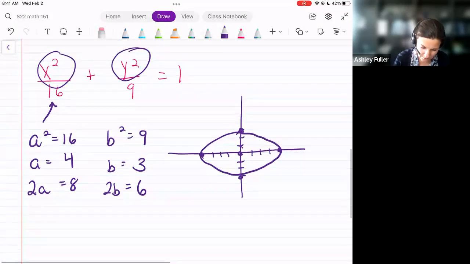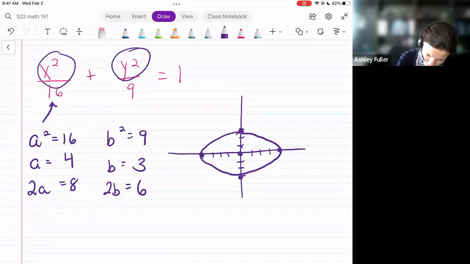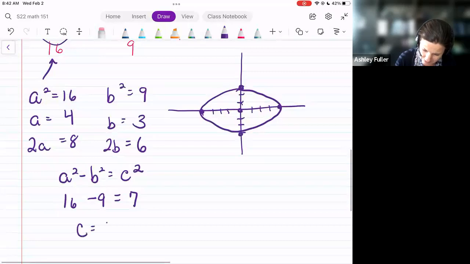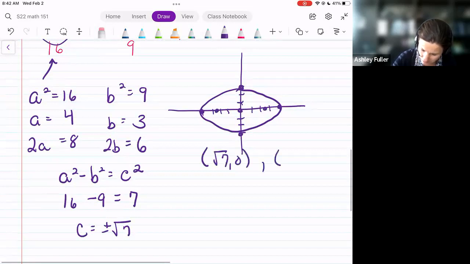To determine the foci, remember, a squared minus b squared equals c squared. We therefore have 16 minus 9, which is equal to 7. So c is plus or minus the square root of 7, and our foci are going to be at (square root of 7, 0) and (negative square root of 7, 0).